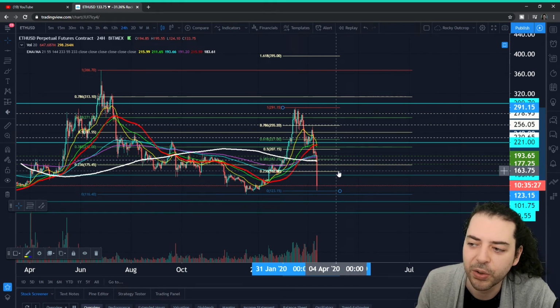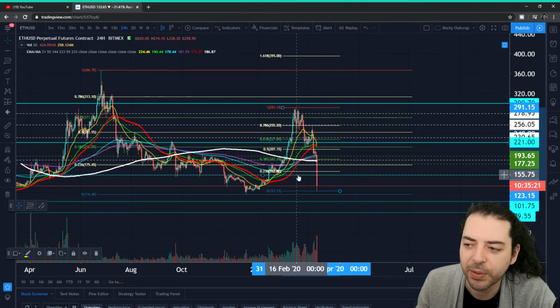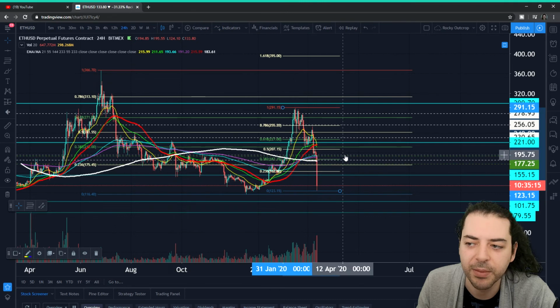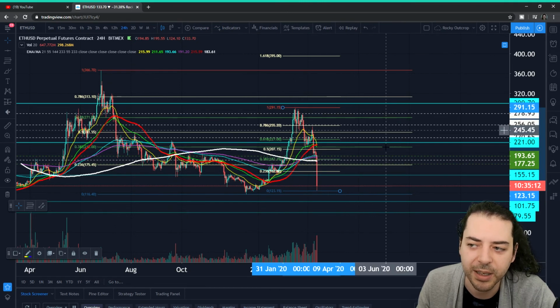I would expect to see resistance there. Absolutely. Of course we've got this horizontal line here, so we already knew that was the case. But you'd also have to open and close above that area before you could look towards any of these upward side targets.